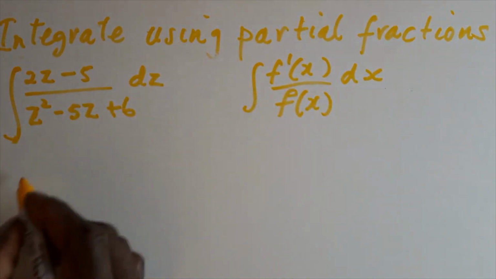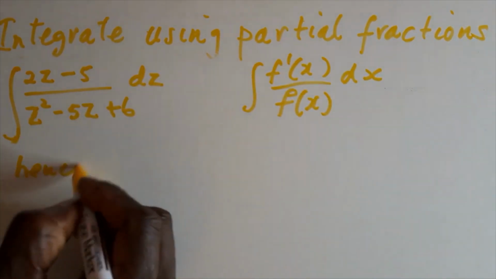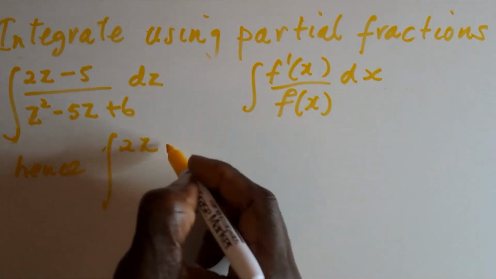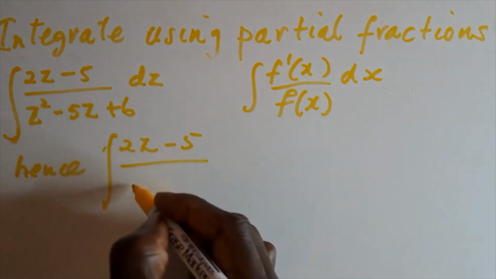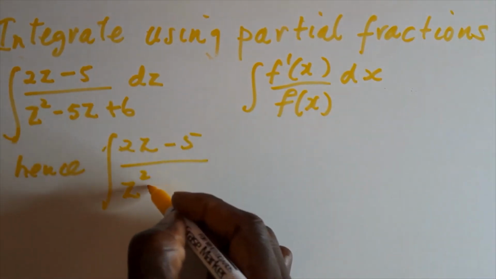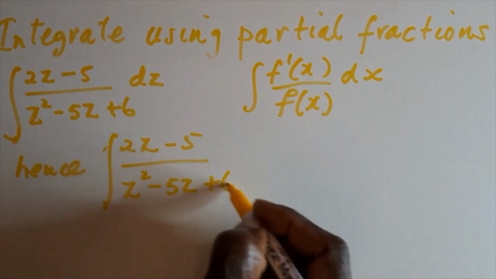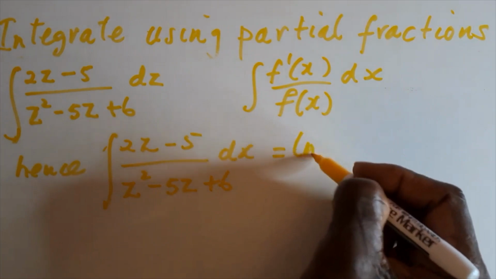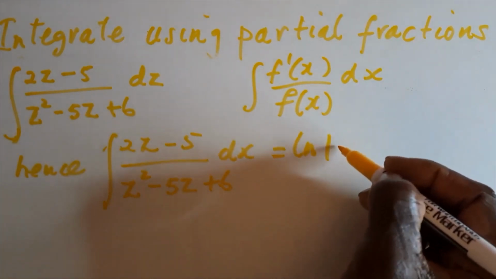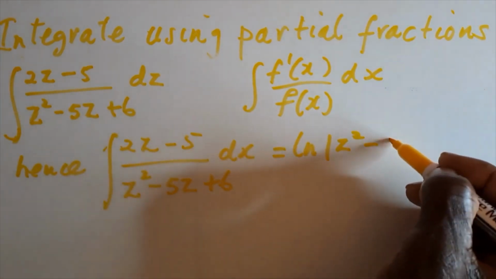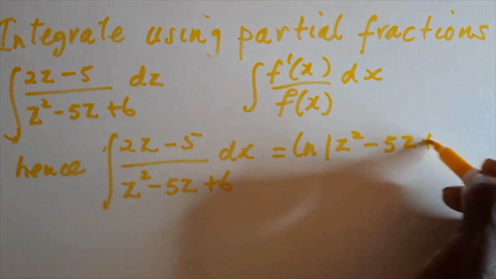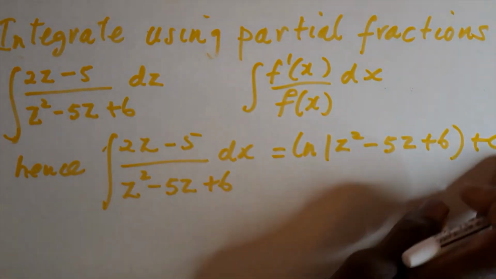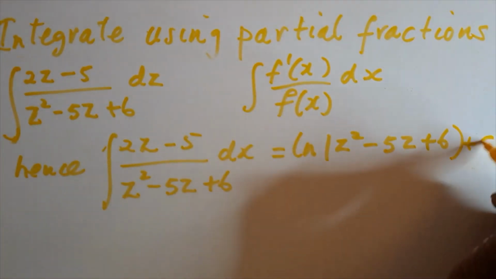And for that, we can just write the integral of 2z minus 5 over z squared minus 5z plus 6 dz is equal to ln modulus of z squared minus 5z plus 6, plus the constant of integration c.